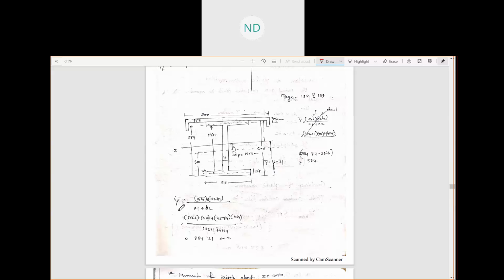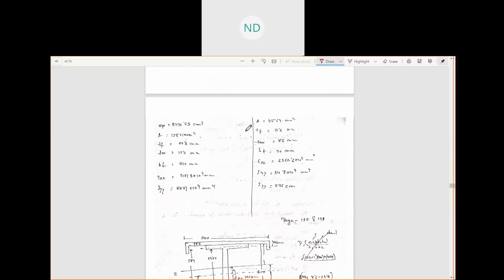So y bar is equal to how much? A1 h1 plus A2 h2 by A1 plus A2. A1 is the area of the ISMB, the standard medium beam, this one, and A2 is the area of the channel section. We have considered the I section to be 1 and the channel section to be 2.